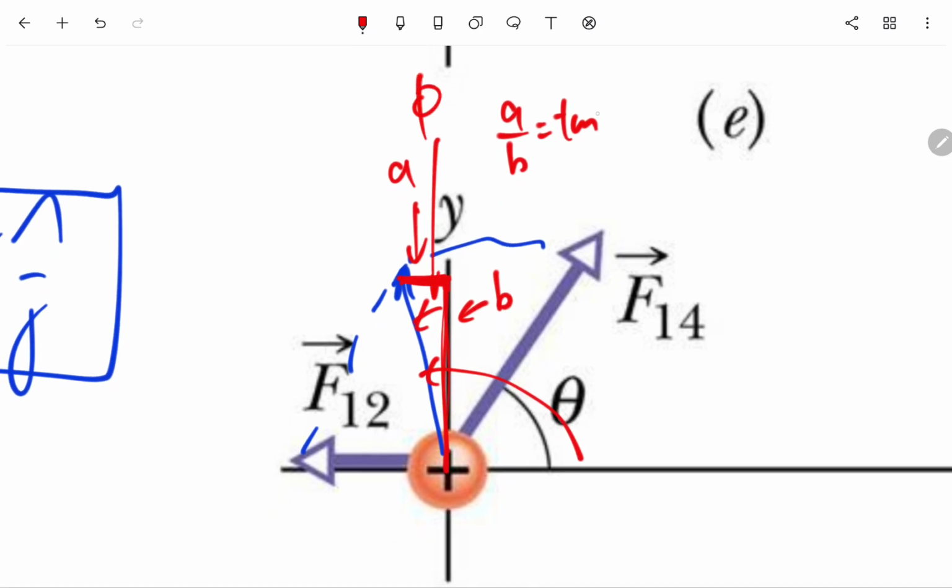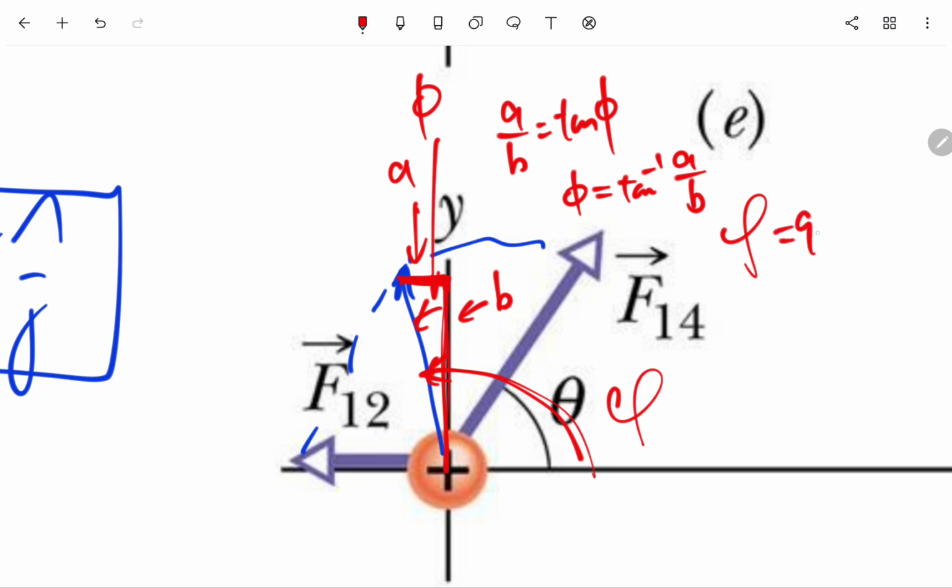Maybe I call it phi. Tangent phi will be this one, and then you take phi to be the arctangent of A over B. And then this angle will also be a phi. This phi will be 90 degrees plus this phi. Okay, that will be the answer.